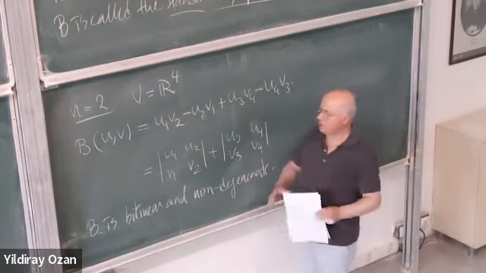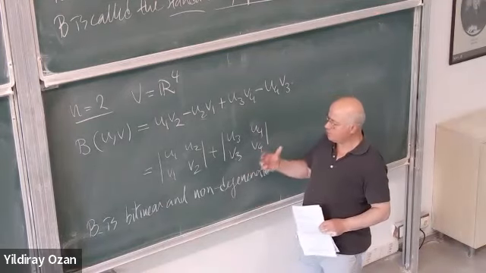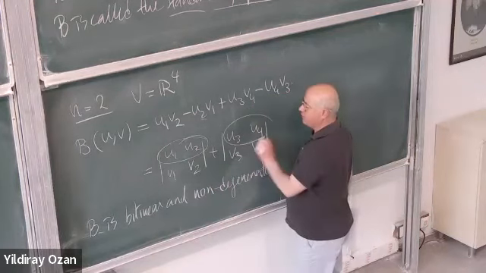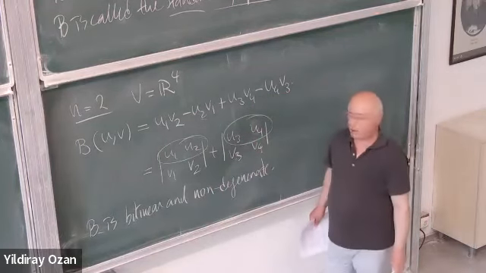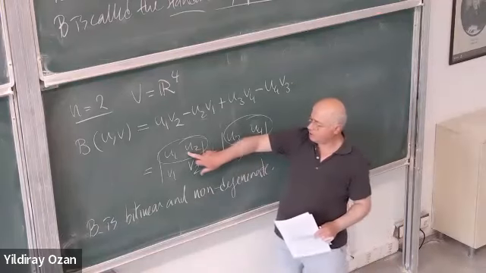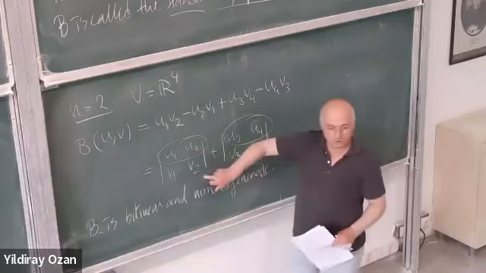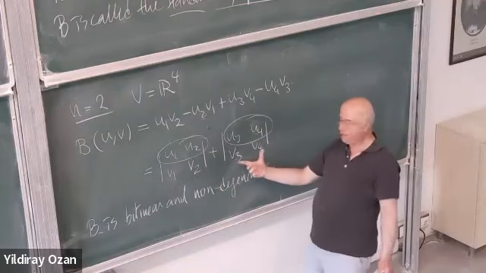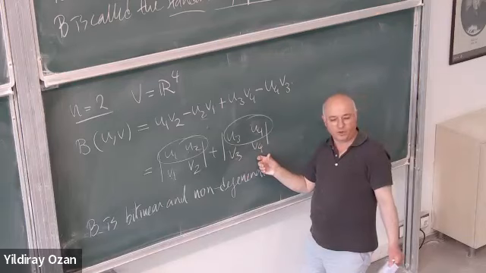eğer U sıfır değilse, if the vector U is not zero, either this vector is not zero or this vector is not zero. So if this is not zero, then I can find two entries here so that this determinant will not be zero and choose V3 and V4 as zero.